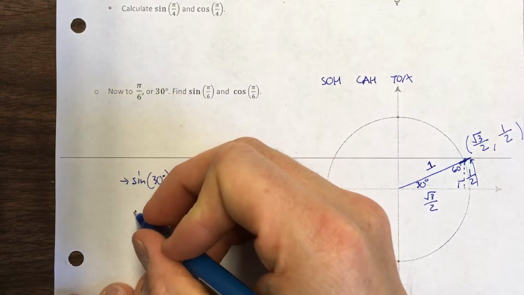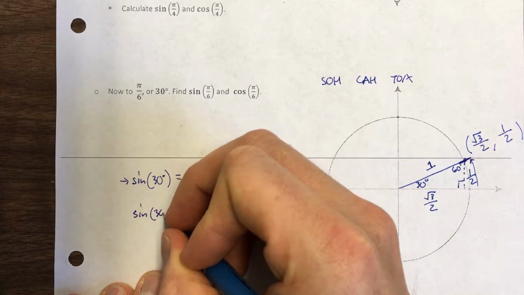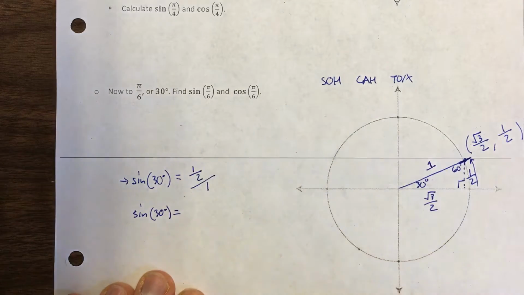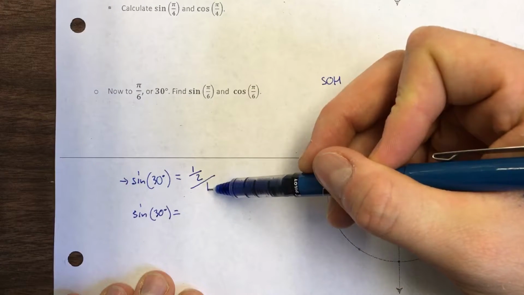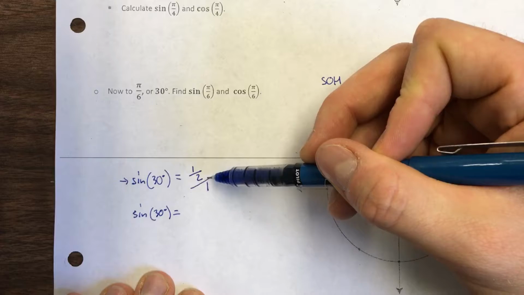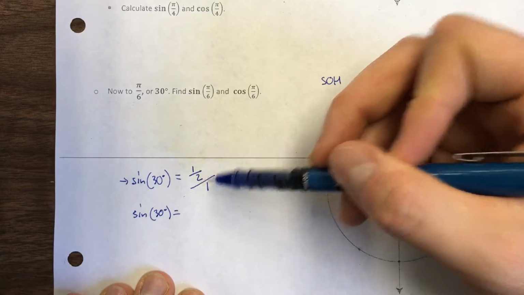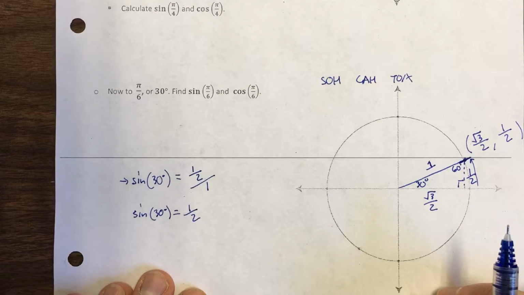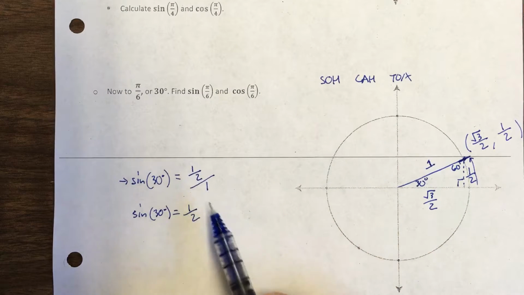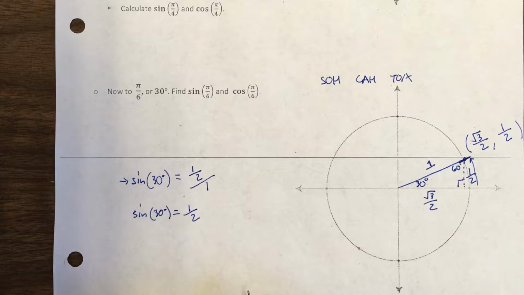And what we talked about in class is, if we're talking about over, we're really talking about division. So we have 1/2 divided by 1. But anything divided by 1 is itself. So this just becomes 1/2.